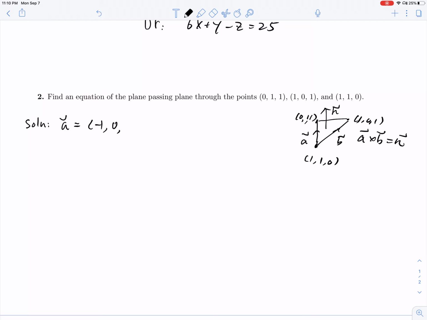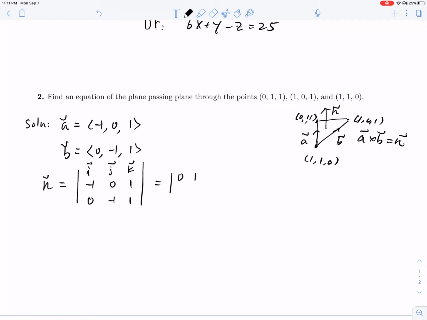Now we're going to find the normal vector using the determinant method, with i, j, and k on top, then -1, 0, 1 and 0, -1, 1 below. Just be careful, because if we don't get it right, then the equation is not going to be right.